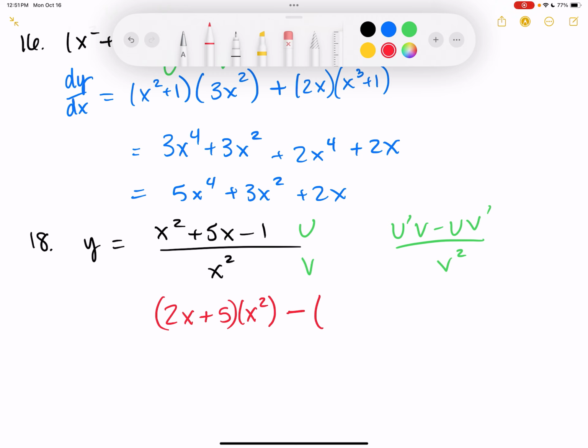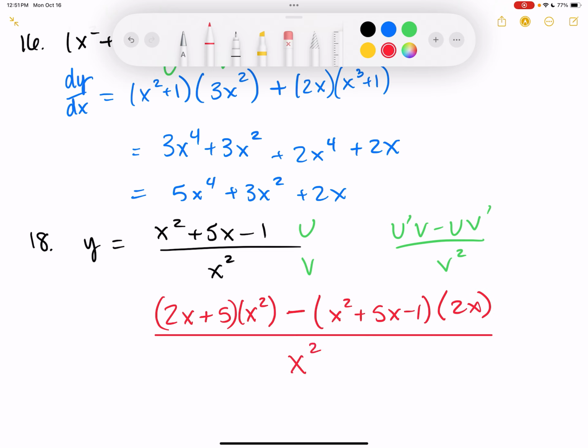So you've got to make sure you're subtracting those terms. So now copy down the top one, x squared plus 5x minus 1, times the derivative of the bottom, 2x, all over, and all over is going to go with you forever. Oh wait, x, sorry, x squared squared.